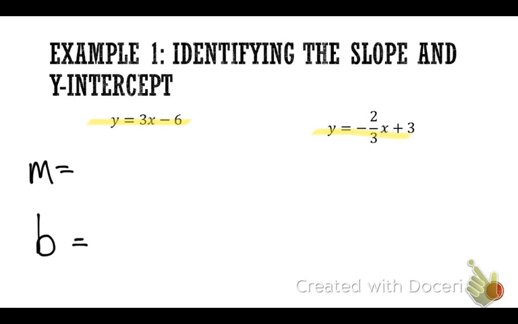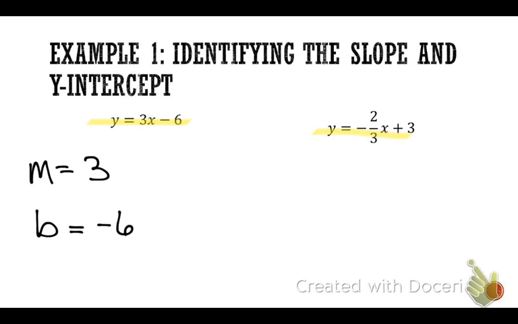M equals 3, and b equals what? No, -6. If there's a sign in front of the number, I have to pay attention to it. So b equals -6. I want you to pick out your slope and y-intercept, your m and your b value, on the second one now.